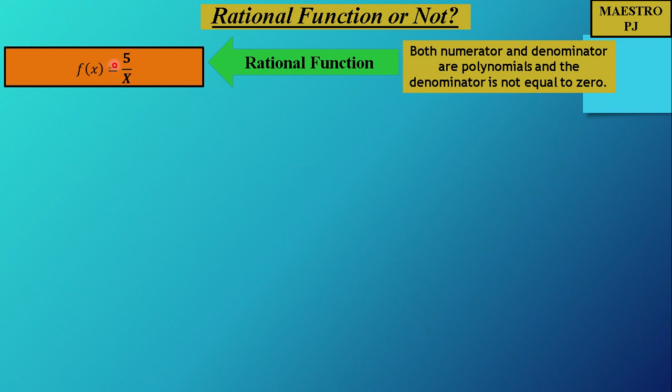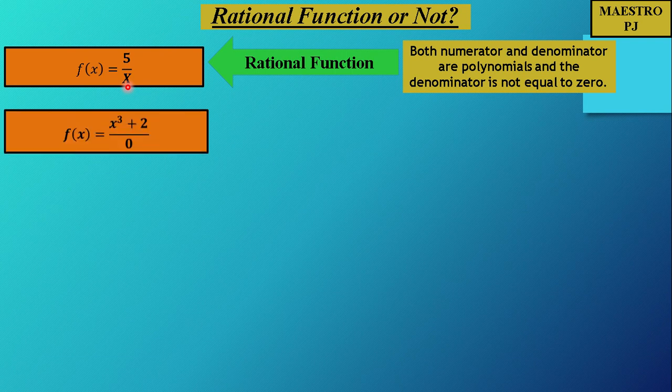Yung numerator natin ay 5. It's a constant term, so considered as polynomial. Yung denominator natin ay x. Wala naman tayong exponent na negative. So therefore, both the numerator and denominator are polynomials, and the denominator is not equal to 0.